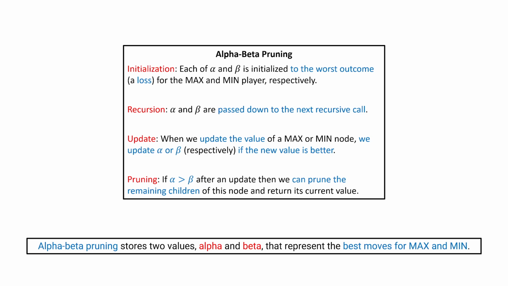Sometimes we might initialize these values to, for instance, minus infinity for alpha, since alpha represents the best move for the maximizing player, negative infinity is the worst for a maximum, and then vice versa. We could maybe use infinity for the minimum player.